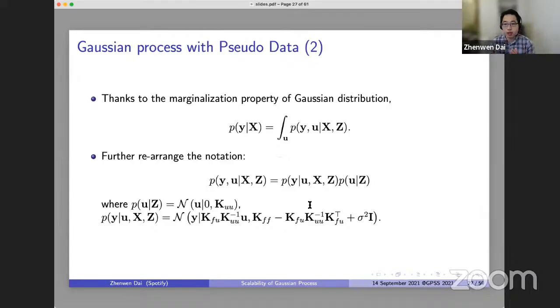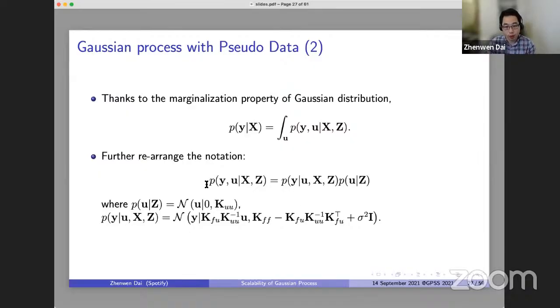Thanks to the marginalization property of Gaussian distributions, if we take the previous formula with the augmented distribution, even though U are unknown values, we can still marginalize them out. If we marginalize them out, they result in exactly the same Gaussian process prior distribution as if there were no data augmentation.